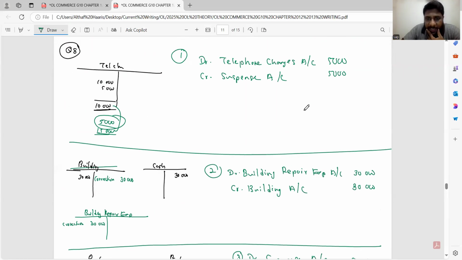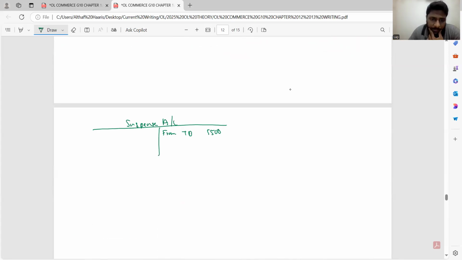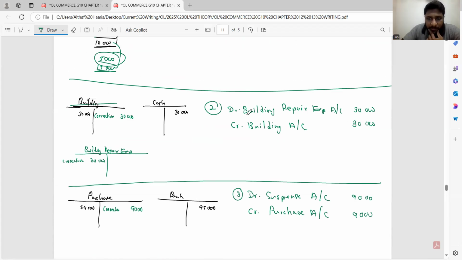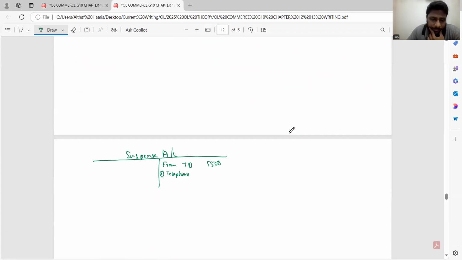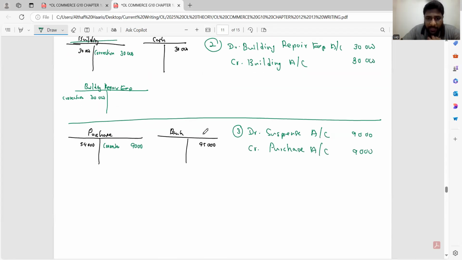And from the first entry, credit 5,000, telephone. Then the second entry has no impact on the suspense. Third one, debit 9,000. So suspense account debit, purchase account credit 9,000.